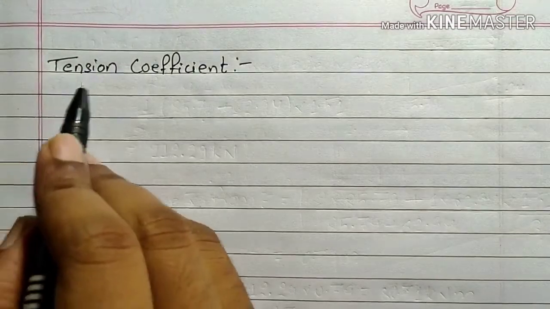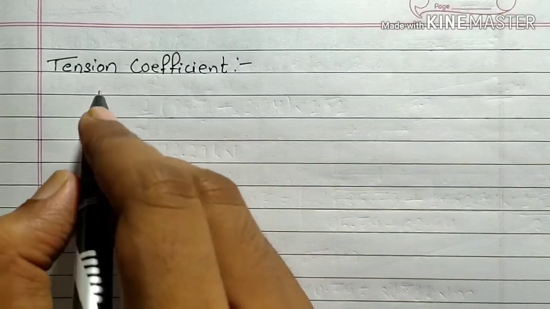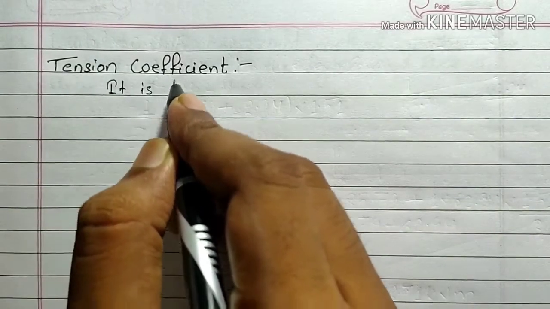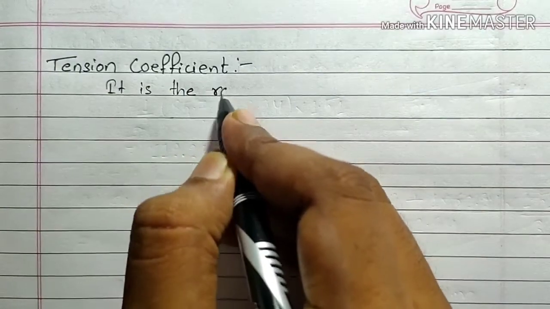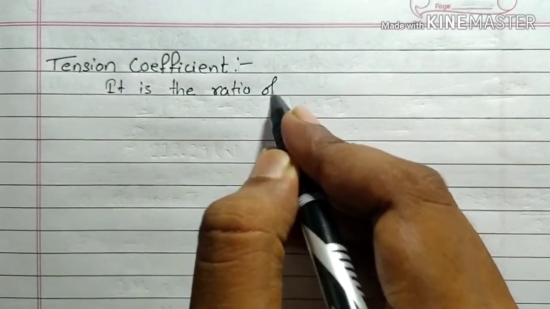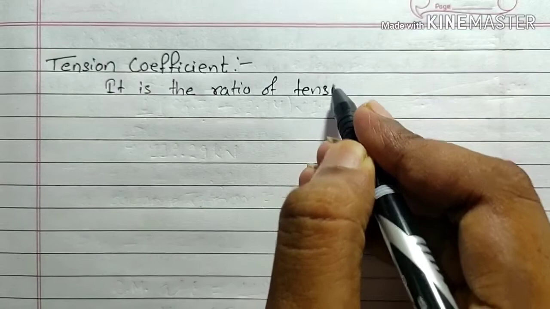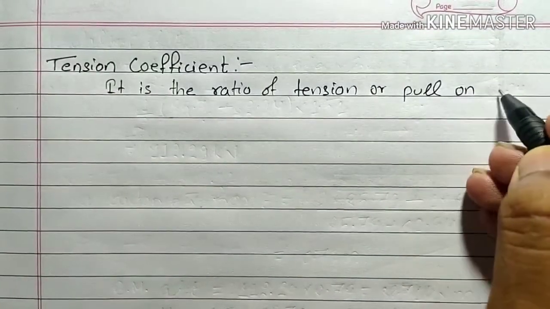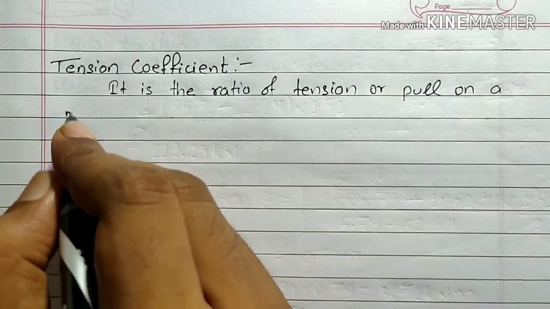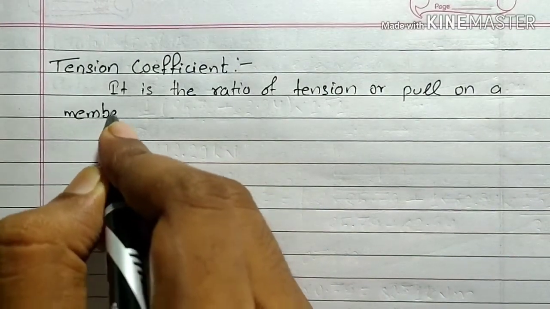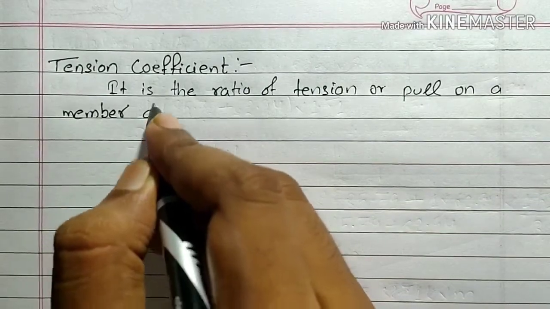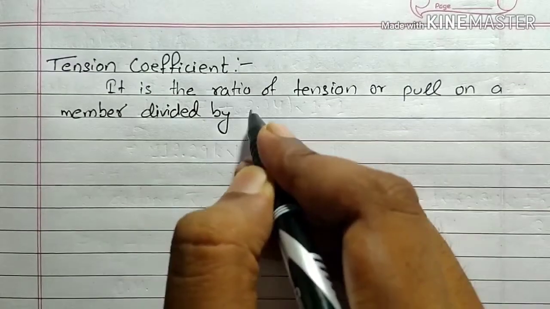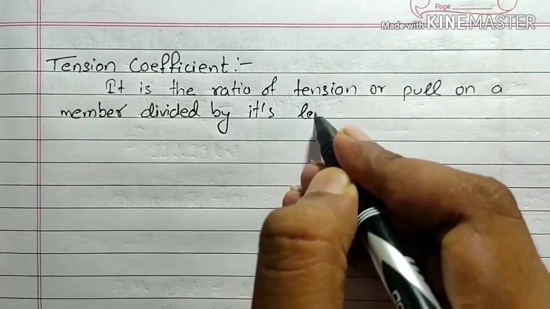So here comes the definition of tension coefficient. It is the ratio of tension or pull on a member divided by its length.